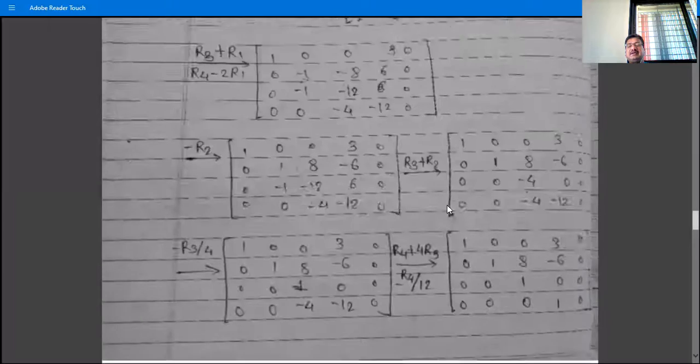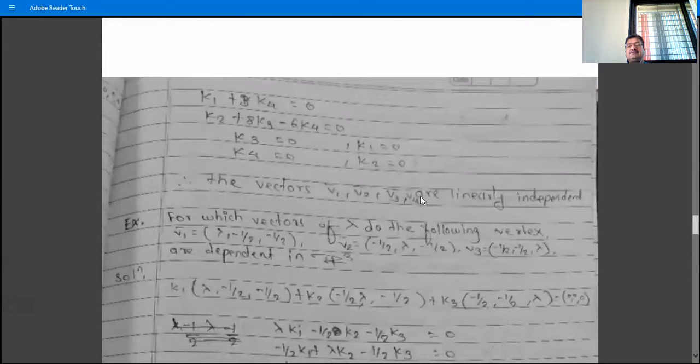And therefore, supposing the given vectors V1, V2, V3, V4 are capital A, capital B, capital C, and capital D, we say that A, B, C, D are linearly independent. Vectors are linearly dependent if one of the scalars K1, K2, K3, K4 is not equal to 0, but here all are equal to 0, and therefore the given 4 vectors are linearly independent.